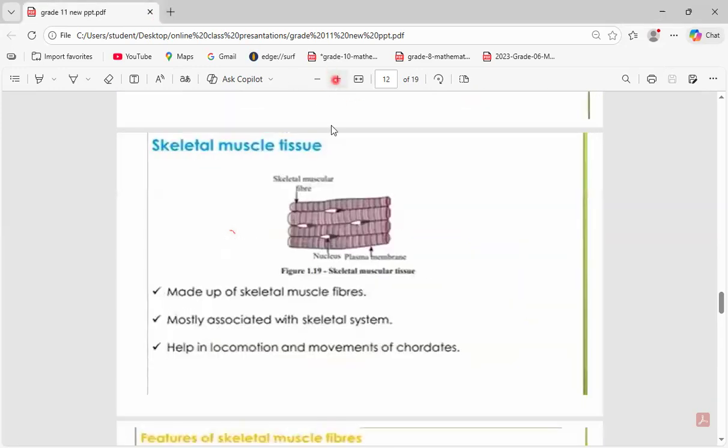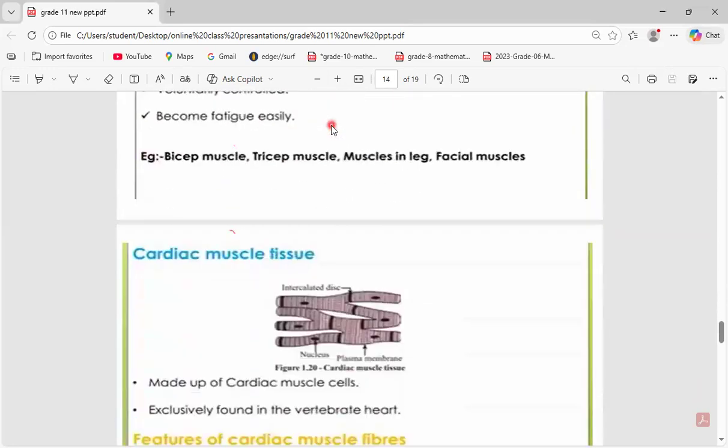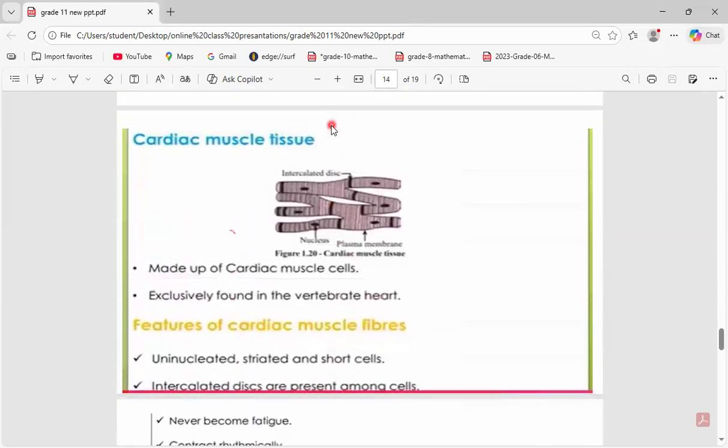Yeah, madam. Right. The last one, the muscle tissues is cardiac muscle tissue.